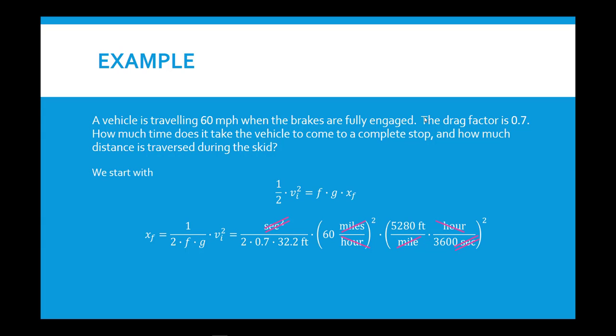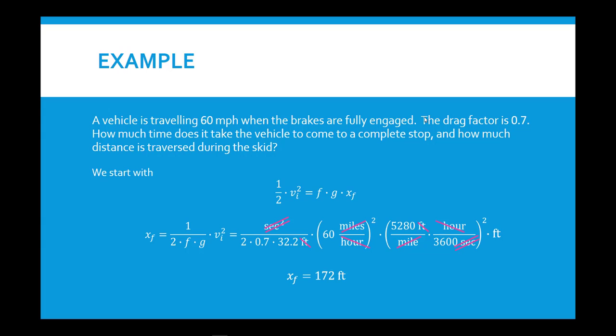Let me say that again. We have feet squared in the numerator and only feet in the denominator, and so those will actually cancel out, and you will wind up with feet as a result. That's shown in this calculation here. We are calculating a distance, xf, and we have the result in feet, which tells us that our unit calculation anyway is correct.